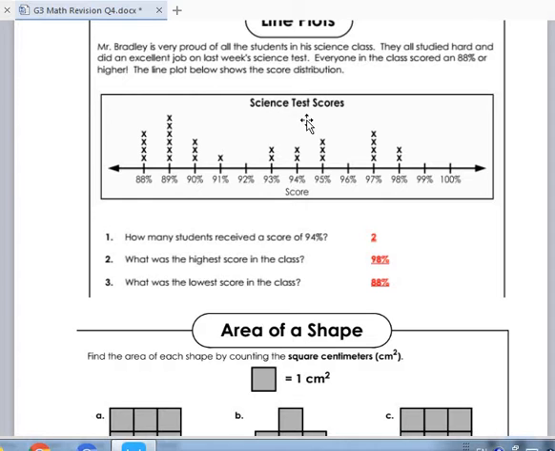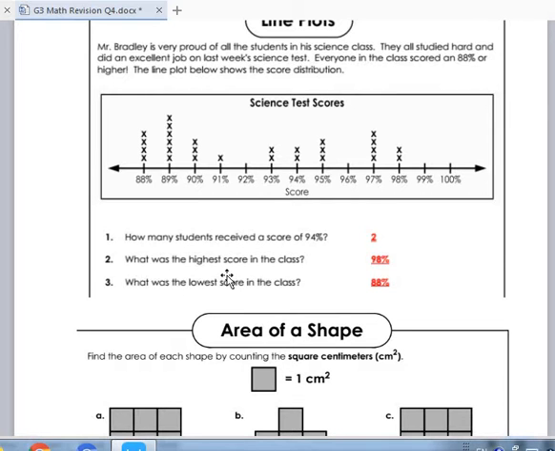Here I have 88% score, 89% score until 100. How many students received the score of 94%? I will search for 94%, and see how many students. 2 students. The X's refer to the number of students, so 2 students scored 94%.